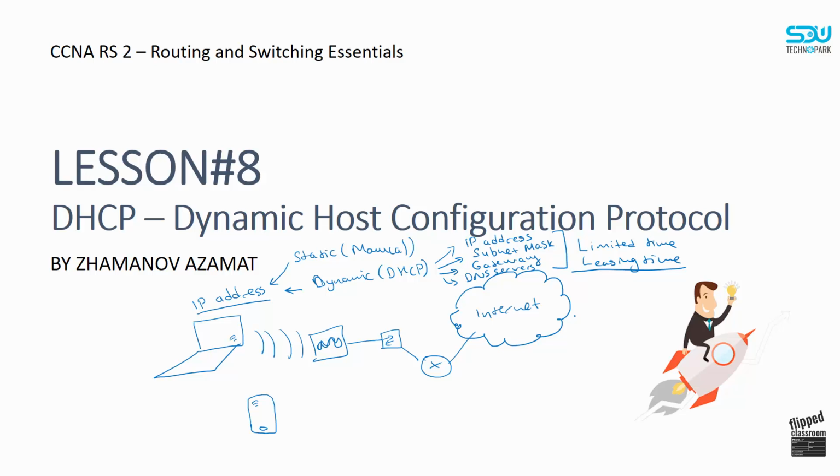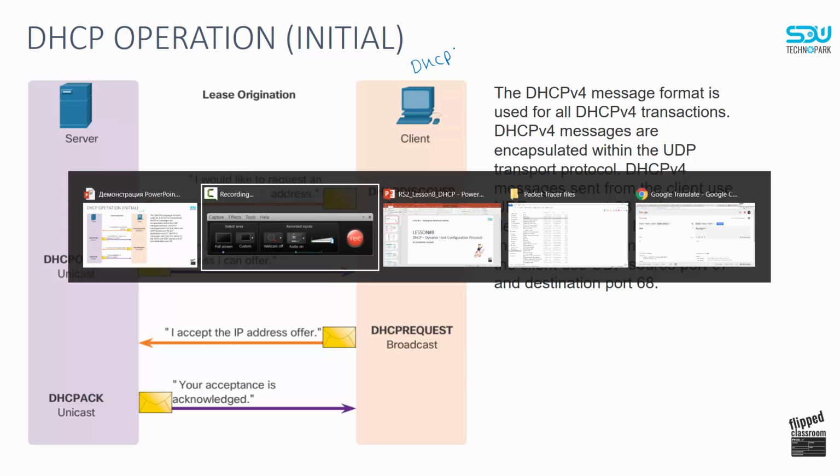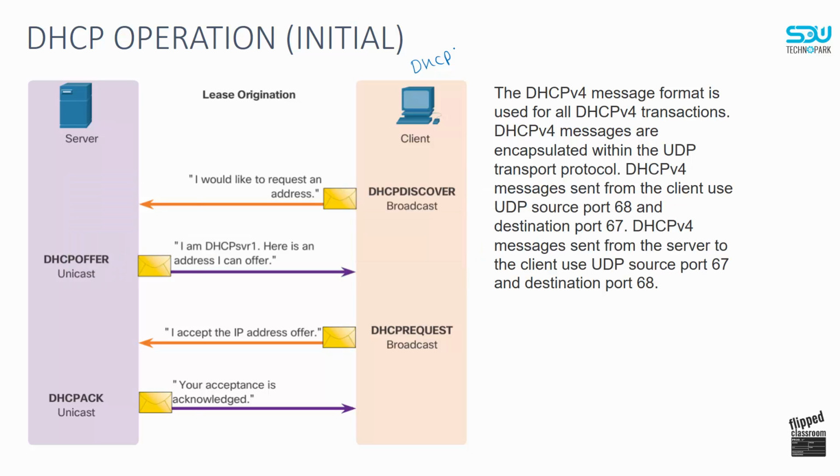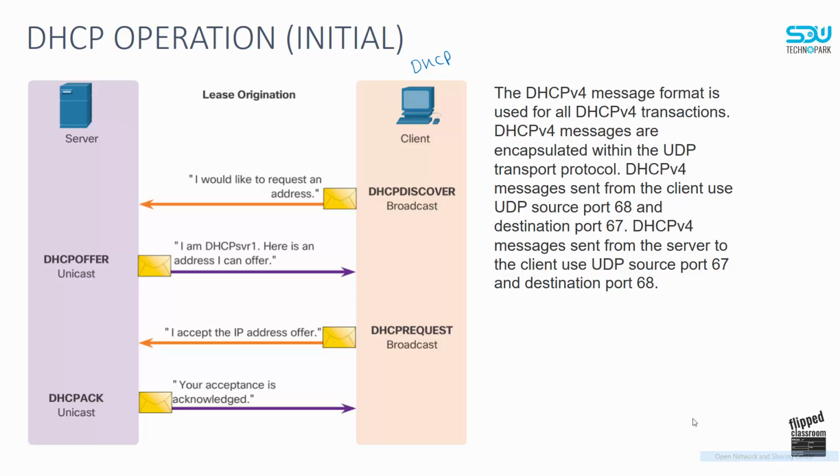So how does DHCP communication happen from your laptop, your end device, to the DHCP server? First of all, when you are turning on your equipment, and it doesn't have an IP address, you are not actually saying to find the DHCP server. All you do is enter the configuration of your equipment one more time.